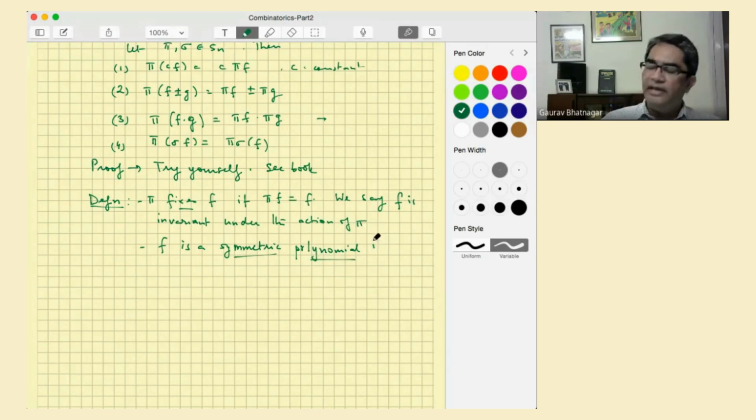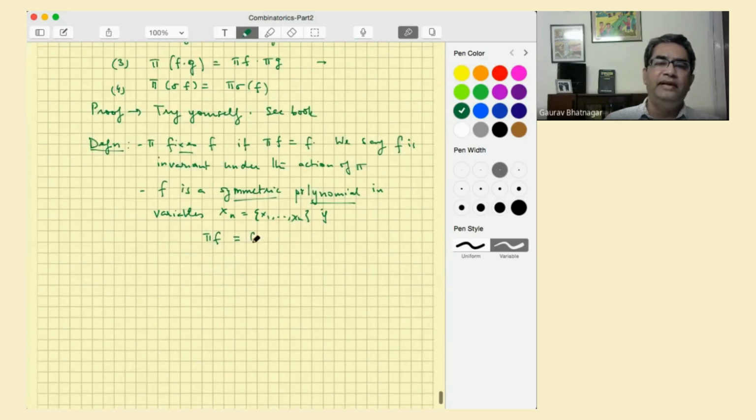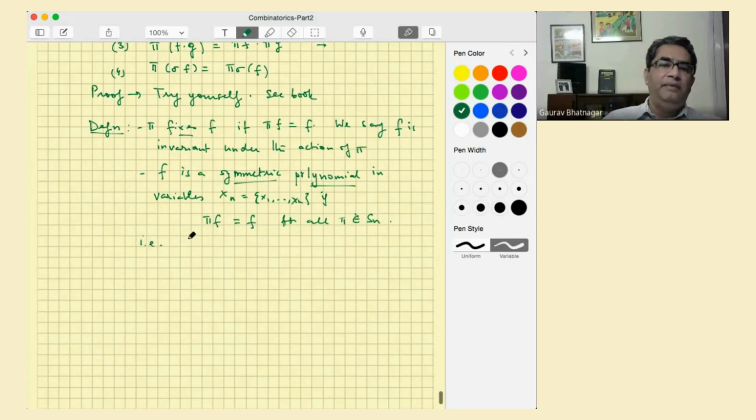If in variables x1 to xn, if pi of f is equal to f for all pi in S of n, that means that f is fixed by all permutations of S of n.